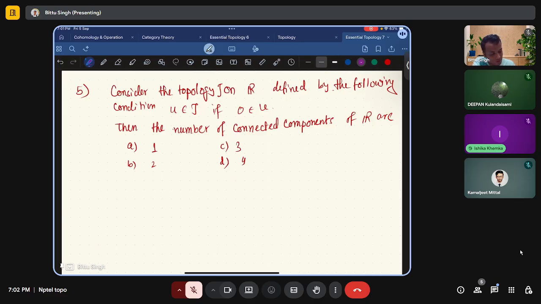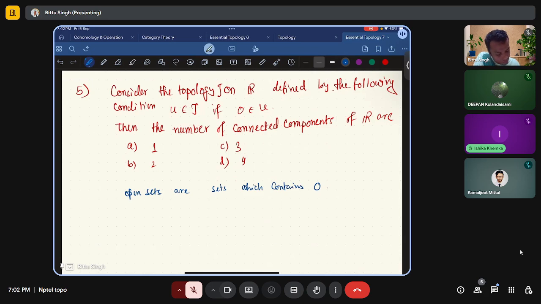Alternatively, we can say open sets are sets which contain the origin 0.